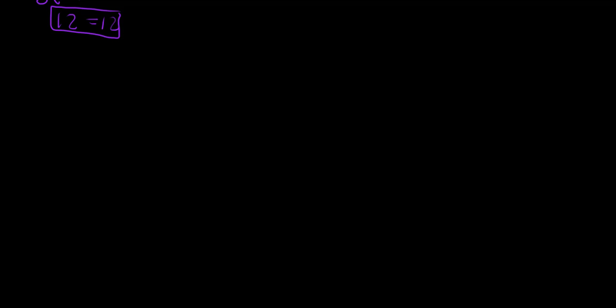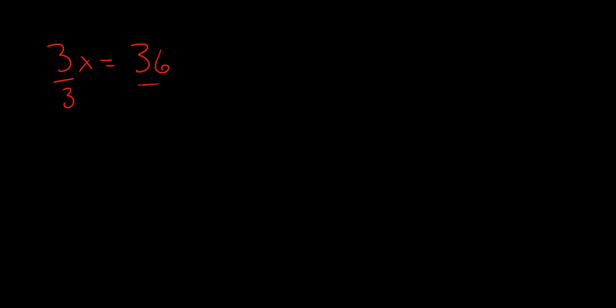Now, let's go ahead and do another multiplication example. Let's say we have 3x is equal to 36. Now I'm going to go ahead and divide by 3, divide by 3. So in this case, x has to equal 12. Okay? Let's go ahead and try a couple more.